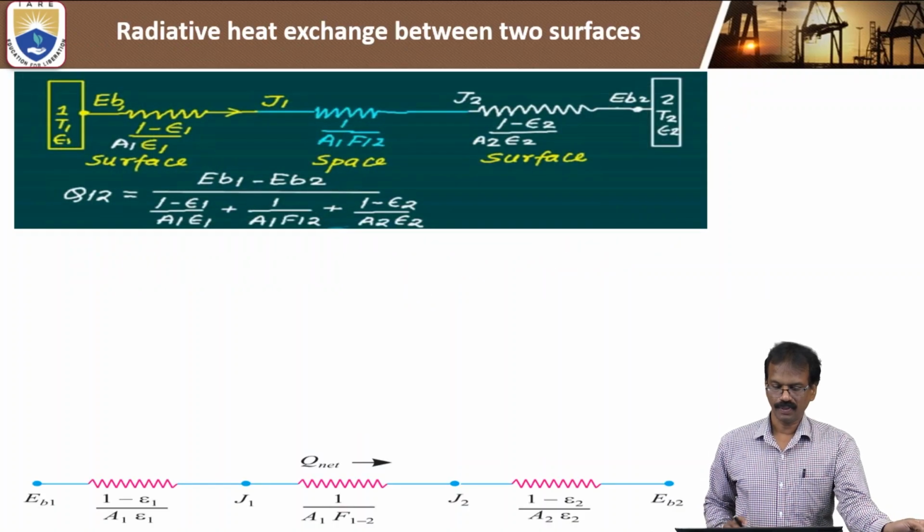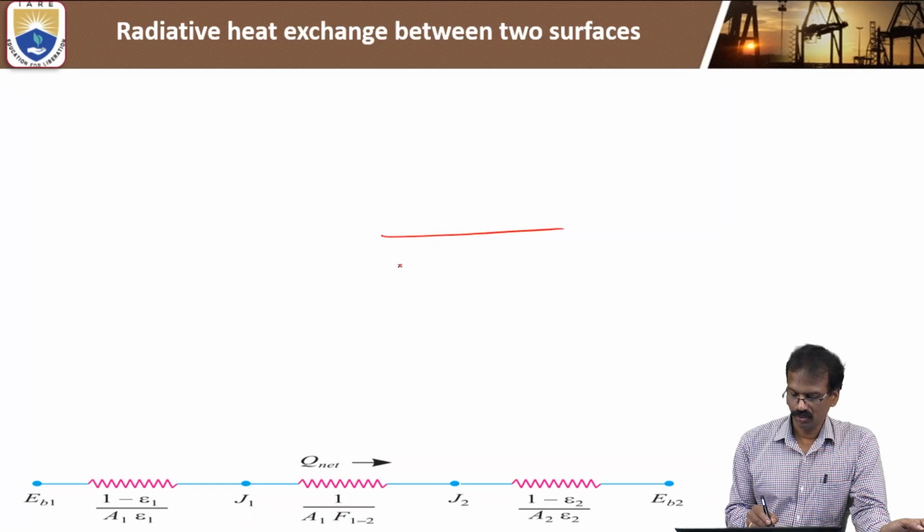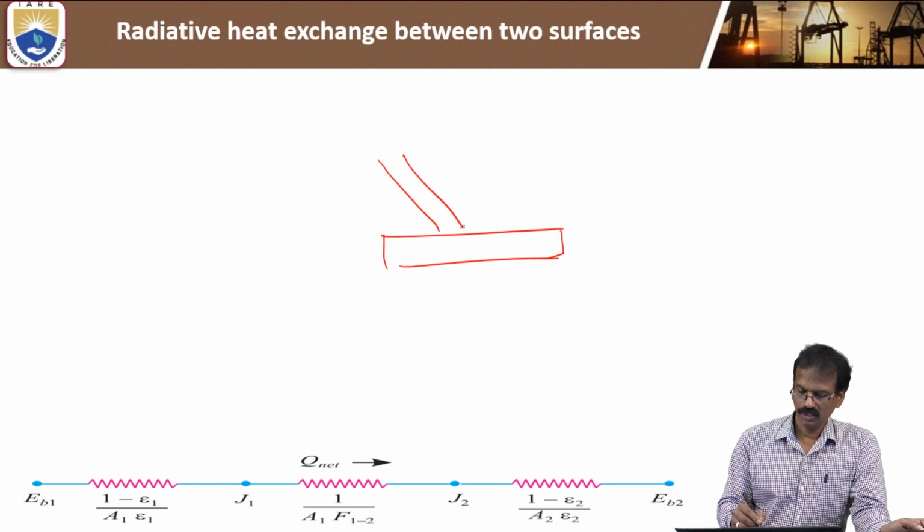First, in the previous class we already discussed the radiation energy. Suppose this is the surface, and this is the incident radiation. Some portion will be reflected, some portion will be absorbed, some portion will be emitted.